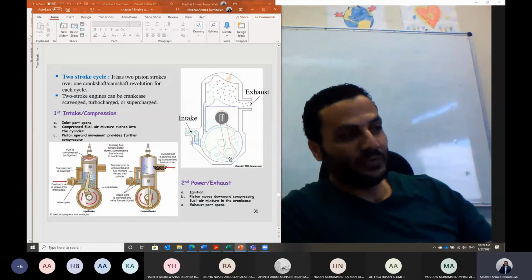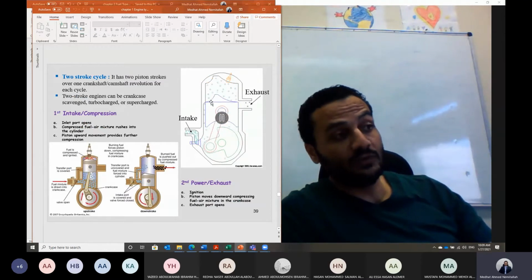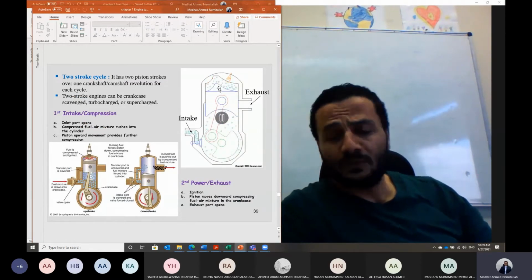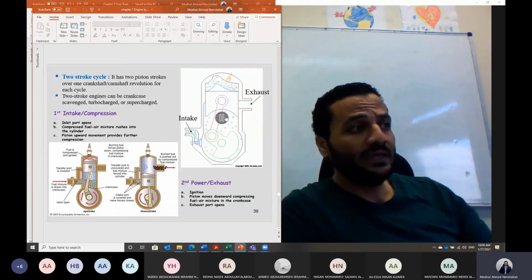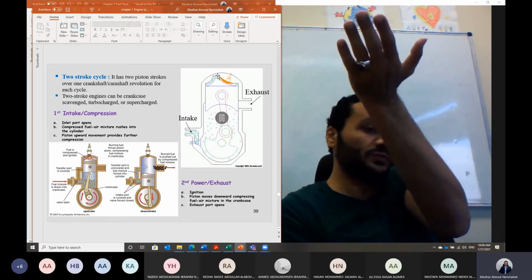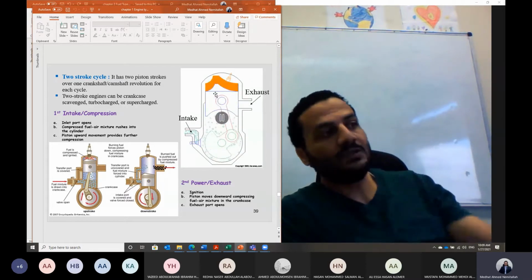So while the piston is moving up here, at the beginning of the compression stroke, this intake port is uncovered and some air plus fuel will get inside and then it will be compressed. So while the piston is moving up, we have both the intake stroke plus the compression.